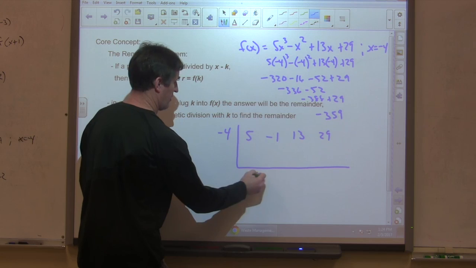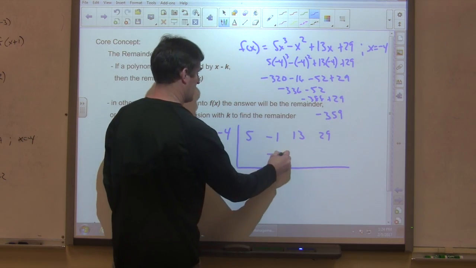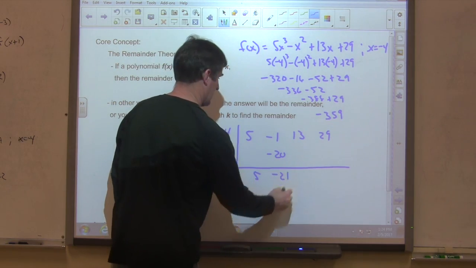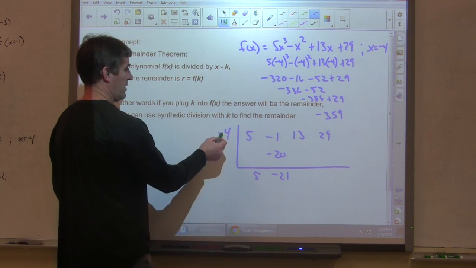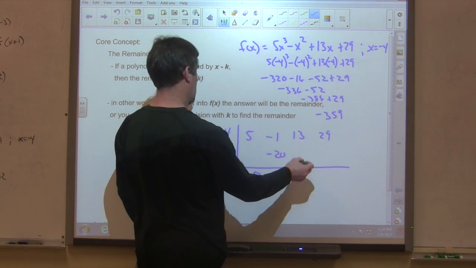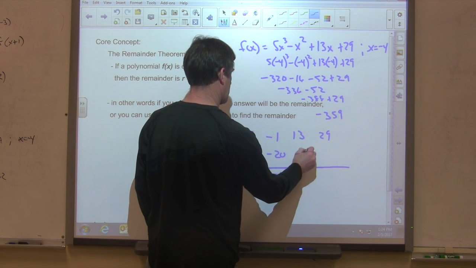So we just bring it down. 4 times negative 5 is negative 20. Negative 21. 4 times 21 would be 84, and 2 negatives is a positive.